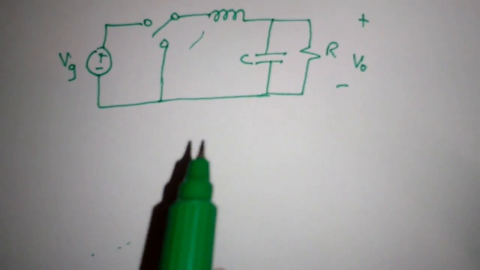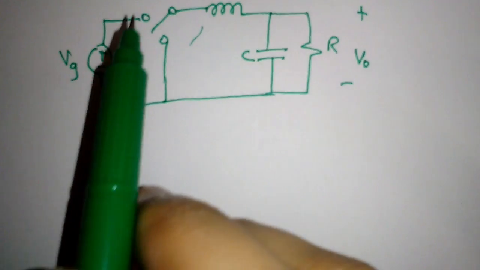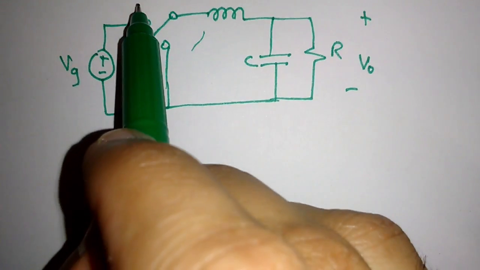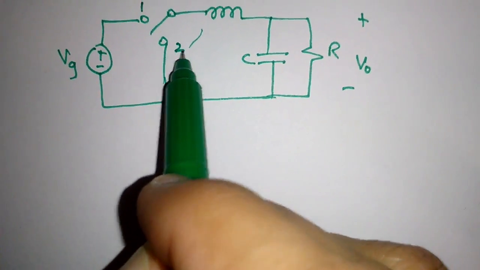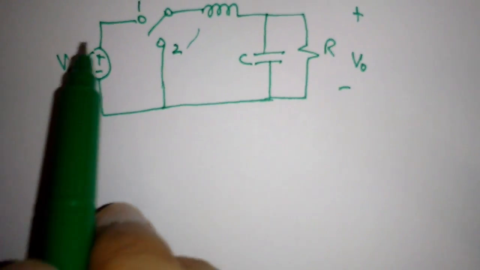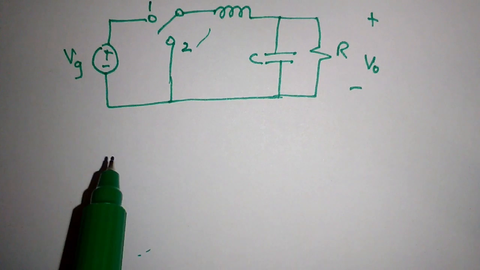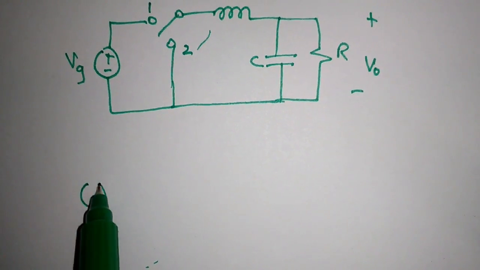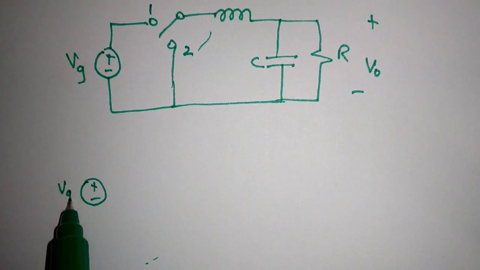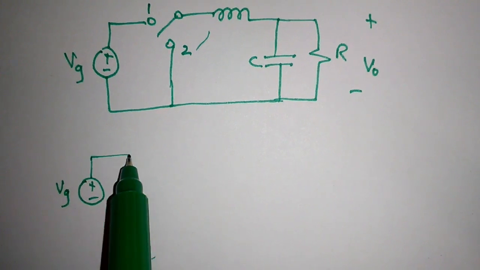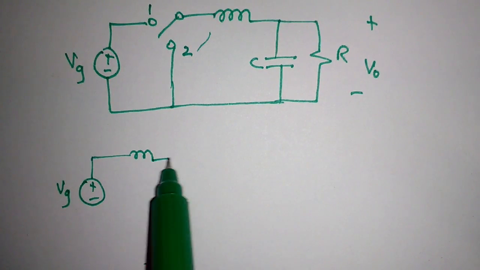Now if we look at the circuit of buck converter, we see that there are two switching positions, 1 and 2. So when our switch is at position 1, we see that this is our circuit. We have inductor in series.